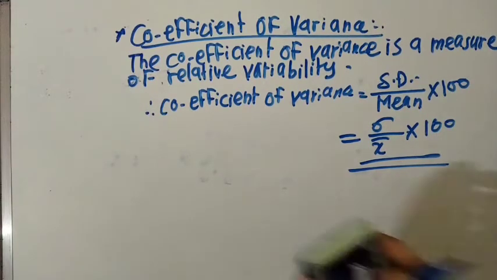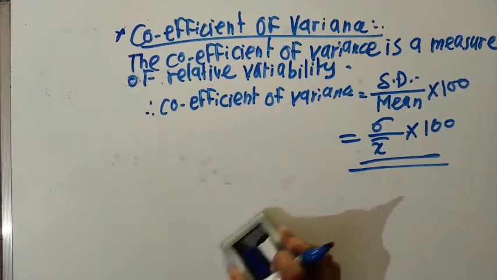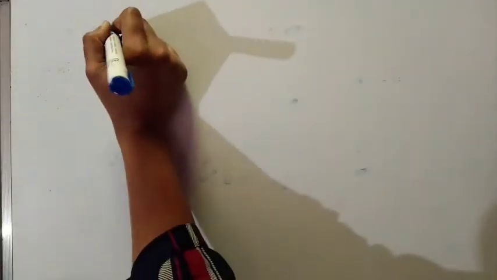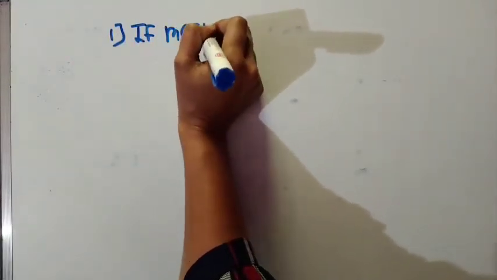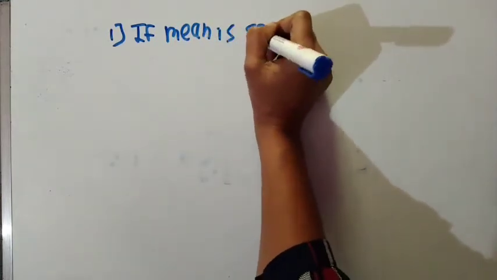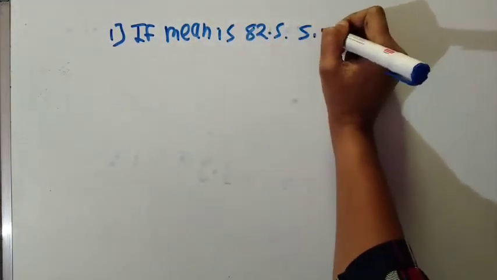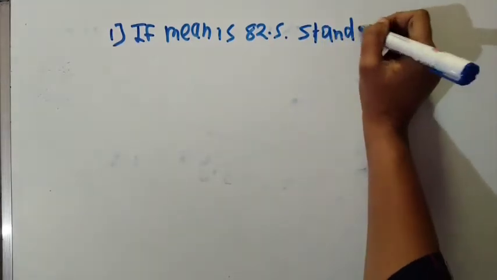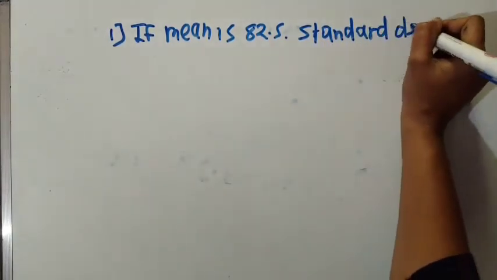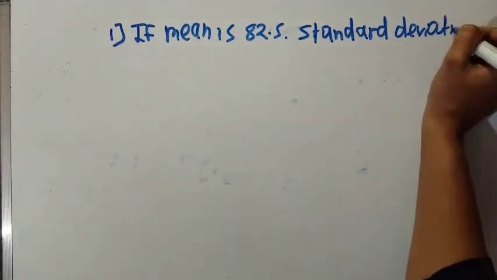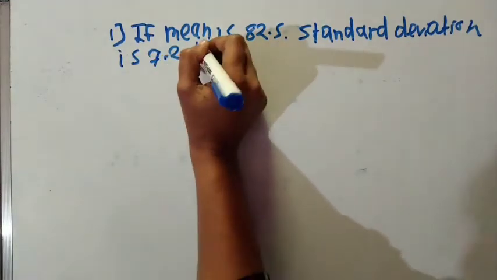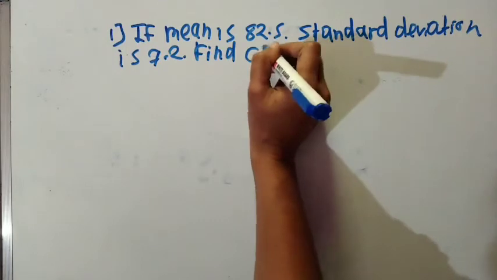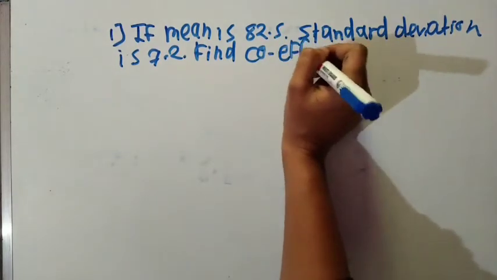Then we give the first example. If the mean is 82.5 and the standard deviation is 7.2, then find the coefficient of variance.